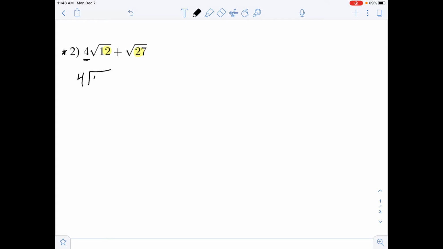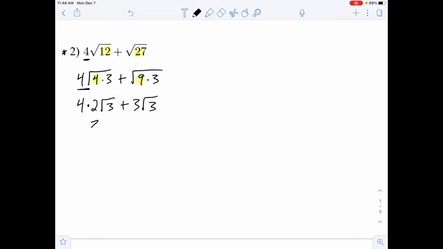So the square root of 12 we can say is 4 times 3, plus the square root of 27, which we can say is 9 times 3. So we'll be able to take these numbers out because they're perfect squares. Now remember, there's already a multiplication here, so it's going to be 4 times, and the square root of 4 is 2, square roots of 3, plus the square root of 9 is 3 square roots of 3.